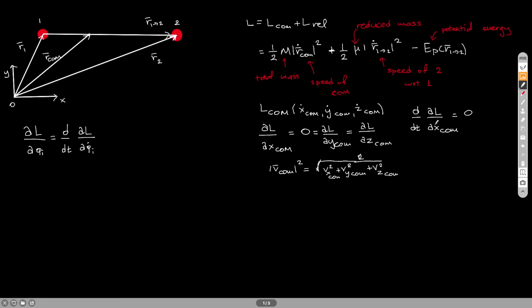Now, if I take the partial of this with respect to vx or x dot, this will give me simply 2 times vx, and the 2 with the 1/2 will cancel out.